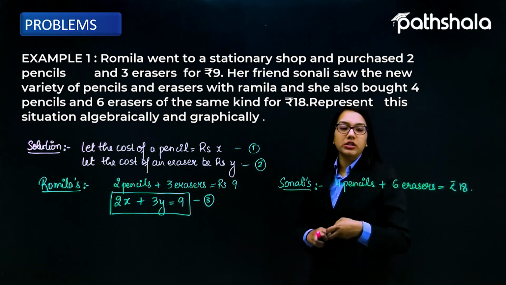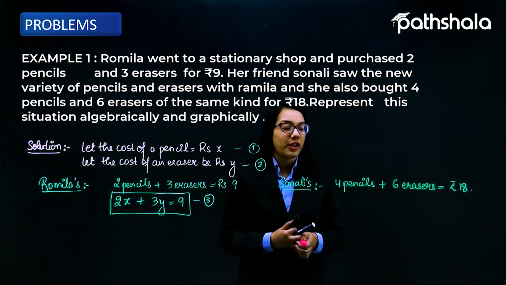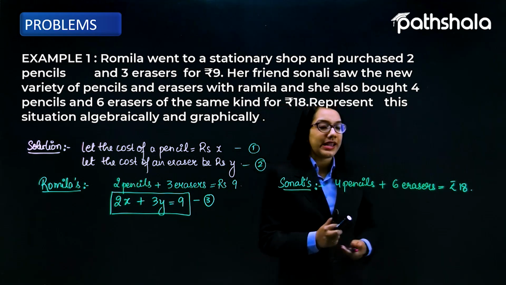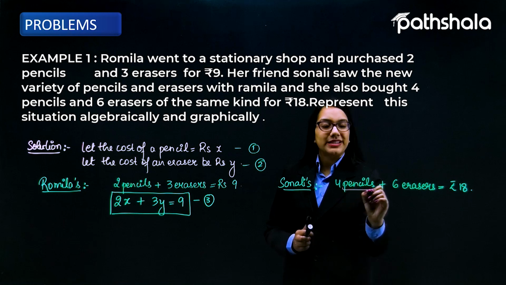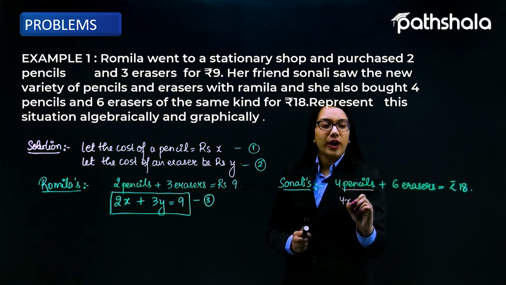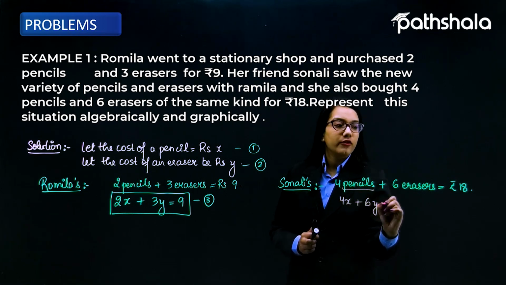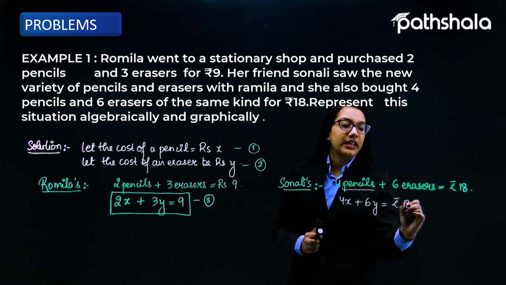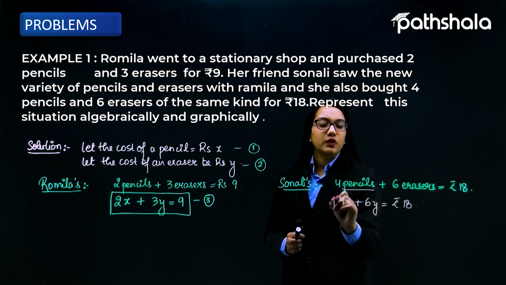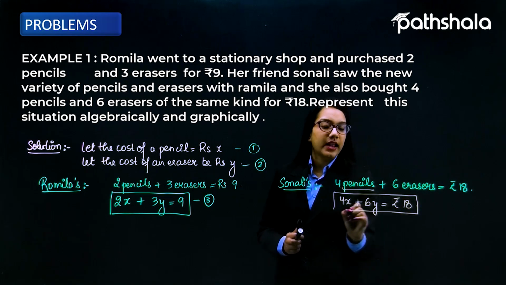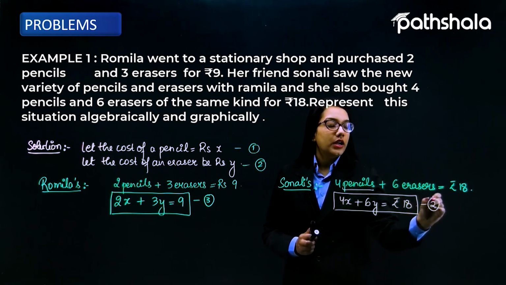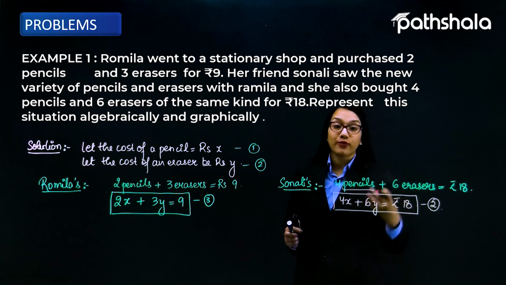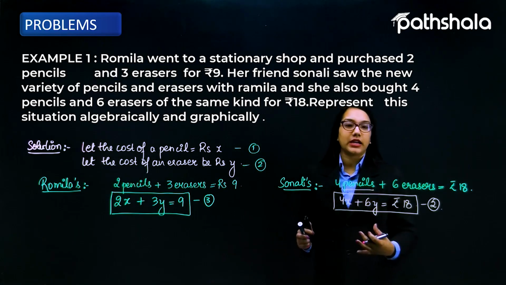We can convert this algebraically: as we know the cost of a pencil is X, the equation is 4x plus 6y equal to ₹18. This is the second condition, the second equation formed from Sonali's condition.